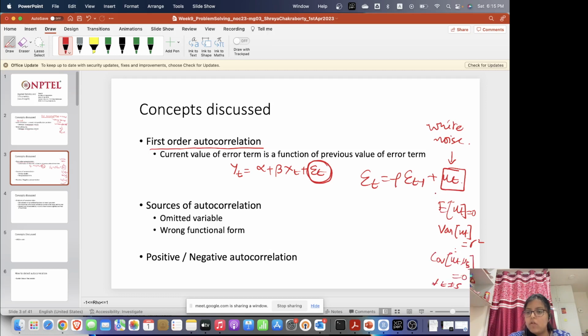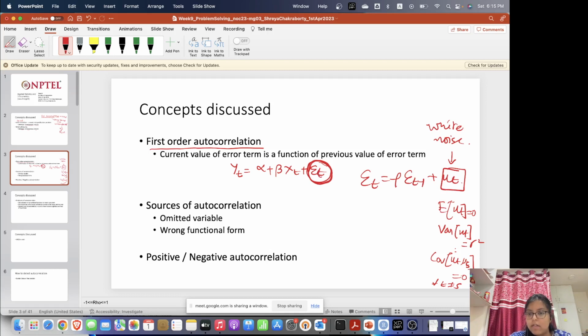So this follows all the assumptions of OLS estimation. However, the error terms actually present in the regression model are serially correlated.